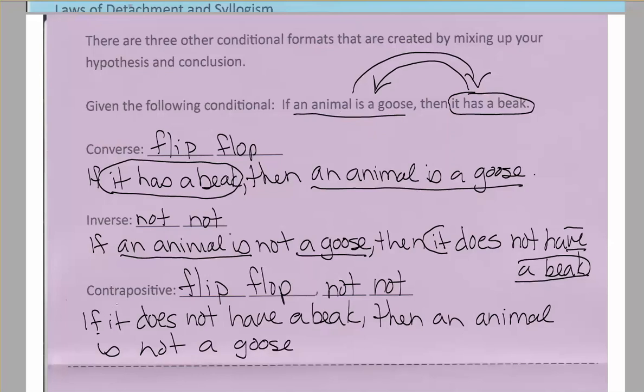So it's just like the inverse up above it, it's just flip-flopped.